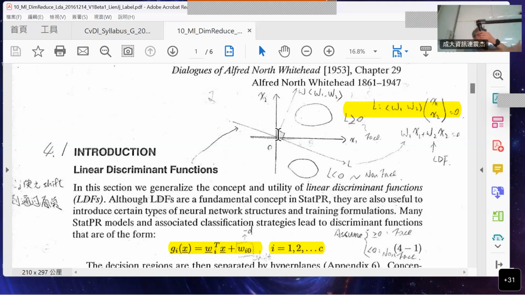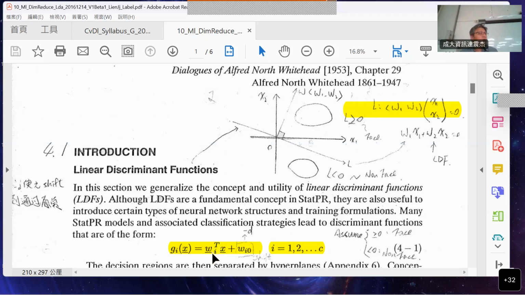So it will shift this way. The constant B is called bias, or translation, or threshold. In deep learning, the constant term is called bias or threshold, because this is equal to 0. So this is the constant, and it shifts along this W.